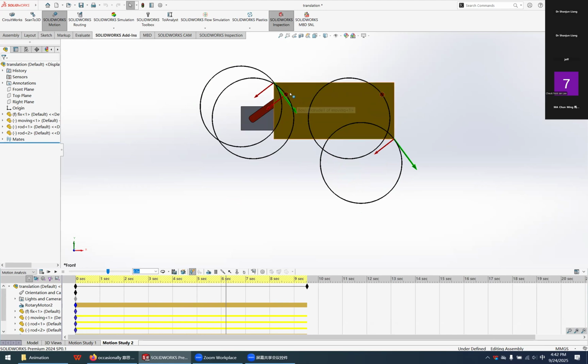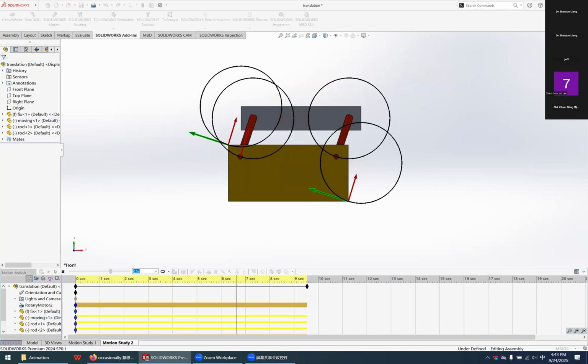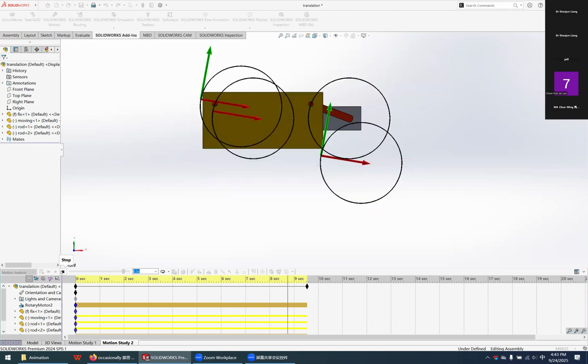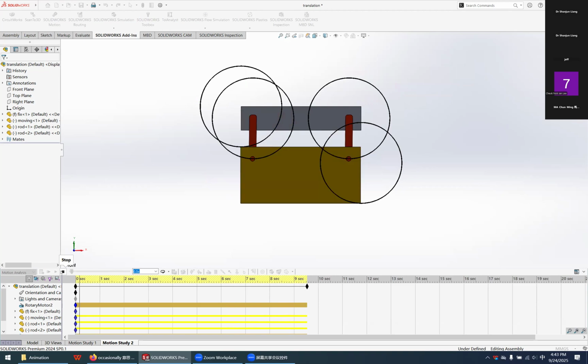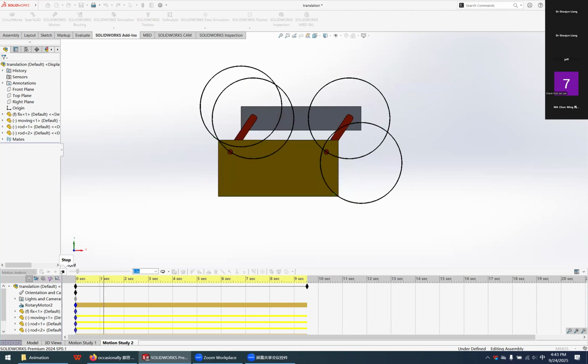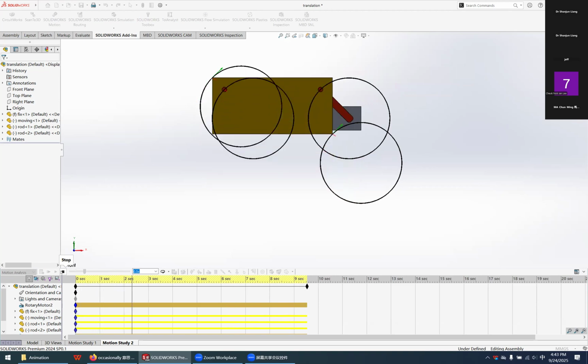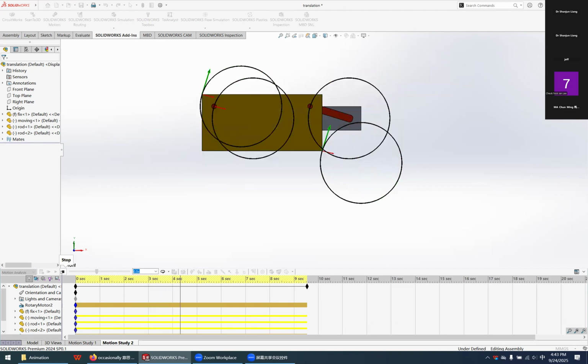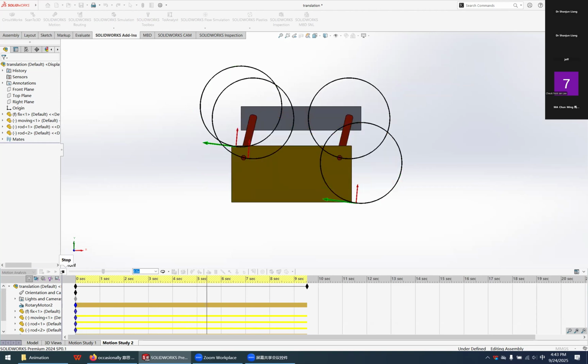We also have traced two rod ends, this pin and this pin, on these two rods. As it moves, concentrate on the board. Do you find that every point we have traced has the same path? All the points we traced have the same path.